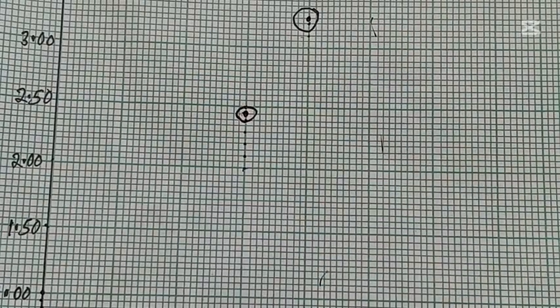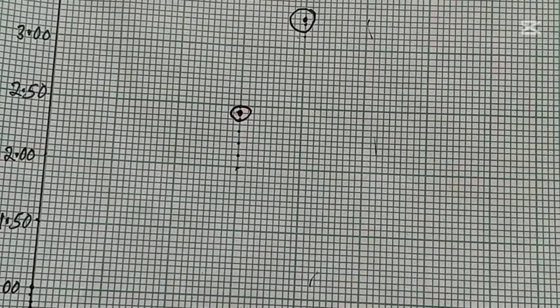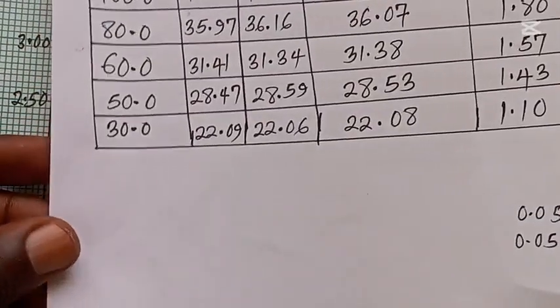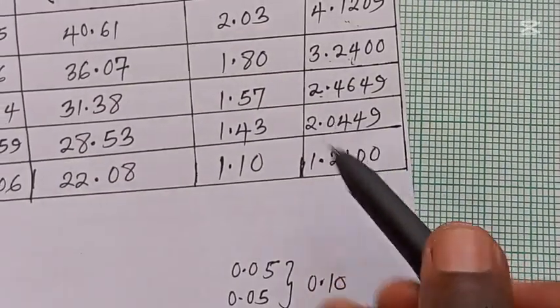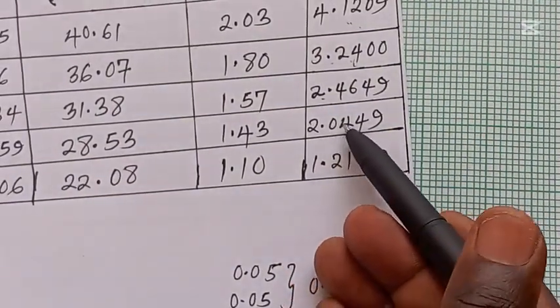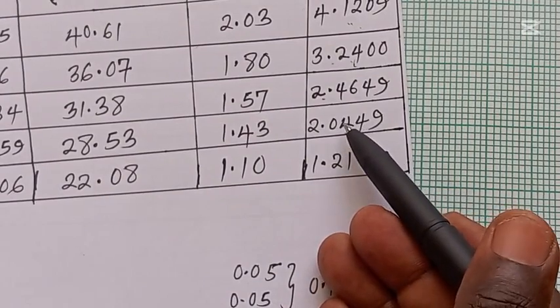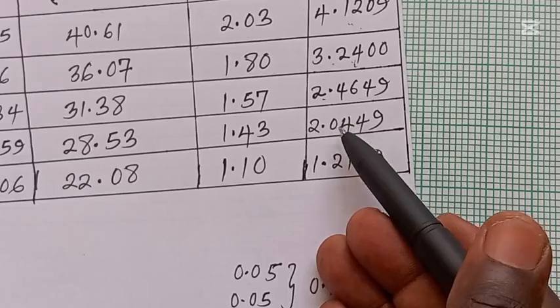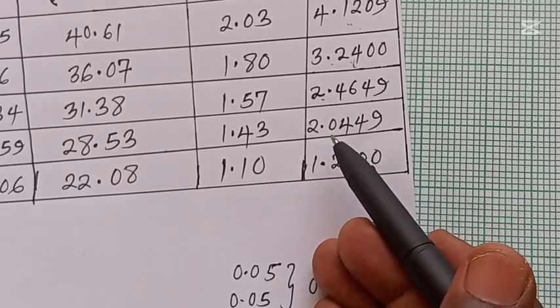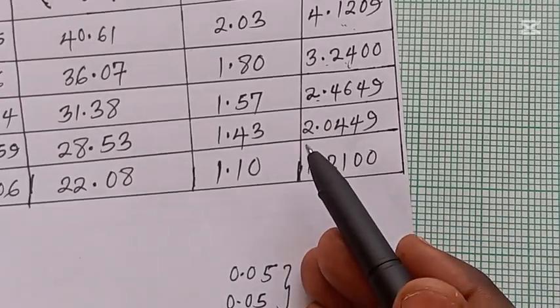Okay, next, the next one is when I have 50, it is 2.04. Again, I cannot have 2.04 exactly, but I can have 2.05. Okay, you have to do approximations while plotting the graph as well. So 50, where is my 50?